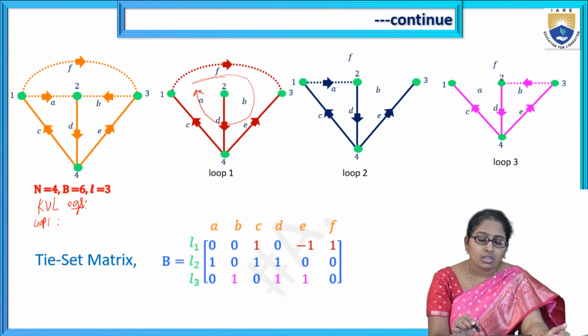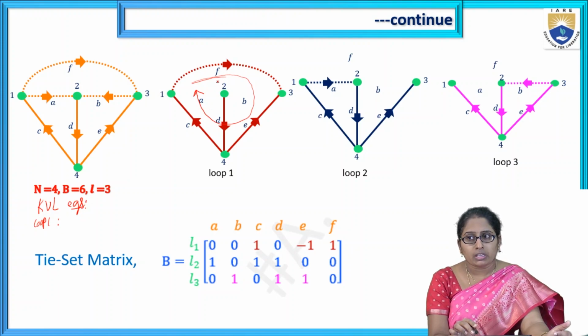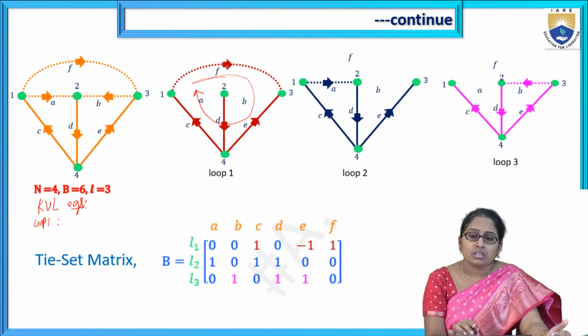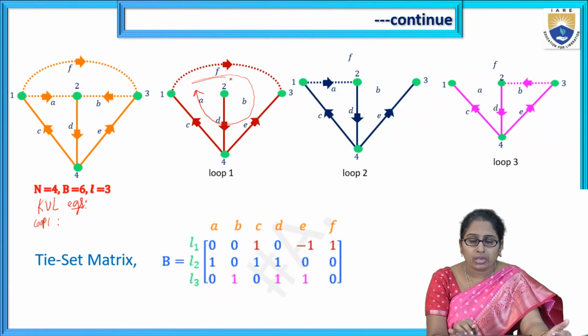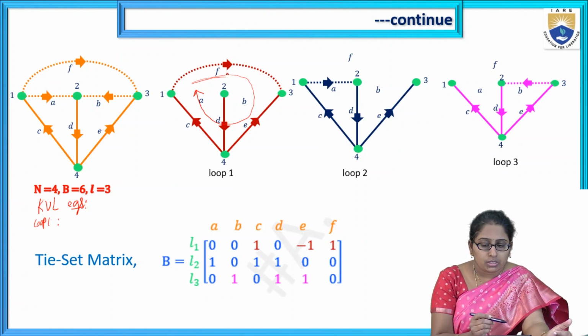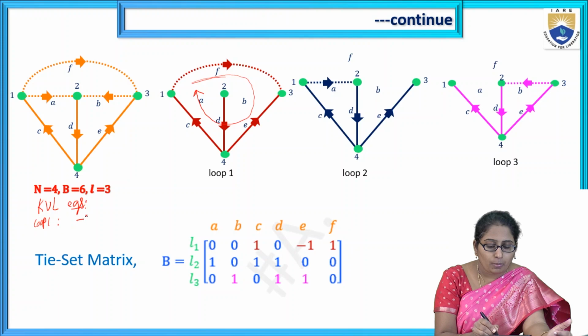The convention: if the assumed direction is the same as the voltage direction in the loop, it is taken with minus, otherwise plus. The assumed direction is the same as the VF direction, the voltage across branch F, so minus VF.